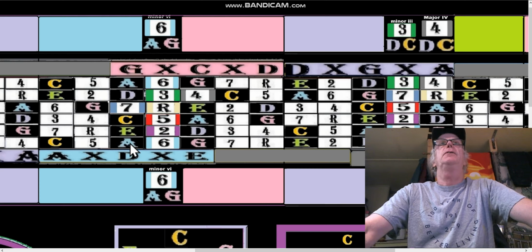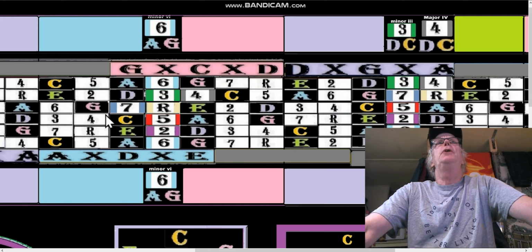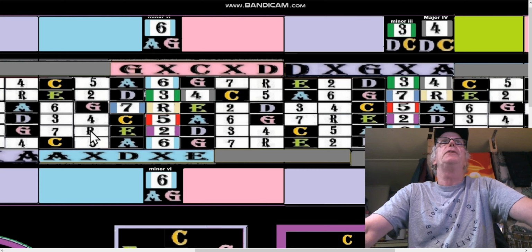The label here is going to be representing the notes to the right and the left of it, and if there's double notes, that are attached. So with the E shape, it's concerned with the 7 and the root and the 2. But here on the bottom string, we have the A shape and the G shape.